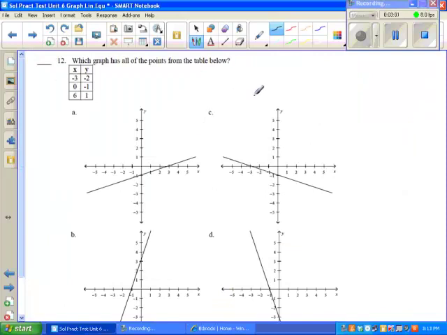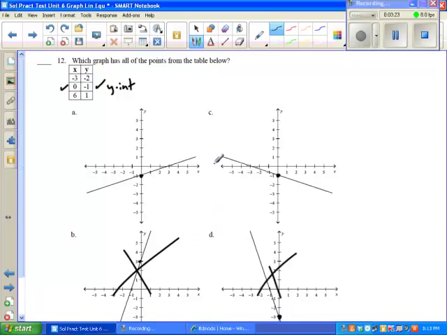Which graph has all the points from the table below? Well, right off the bat, remember, if I have 0 at my x-coordinate, then my y-coordinate is the y-intercept. So -1, yes, yes, no, and down here, no. So these two are possible.